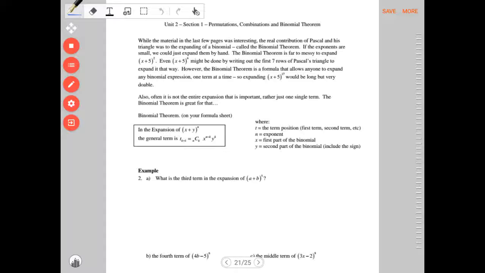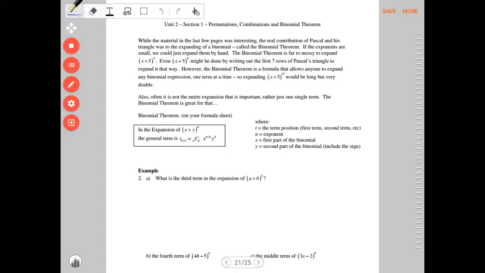However, the binomial theorem is a formula that allows anyone to expand any binomial expression one term at a time. So expanding something like x plus 5 to the 17 would take a long time, but it's very, very doable.